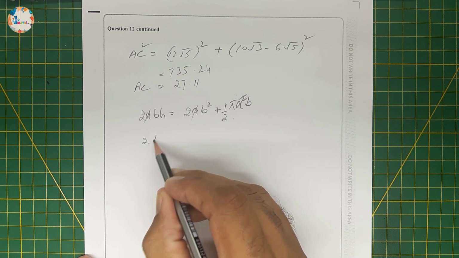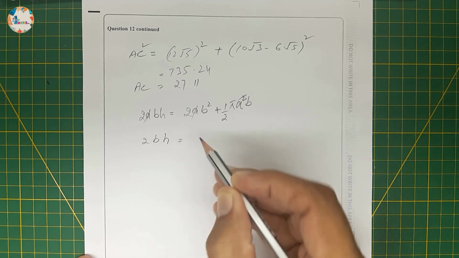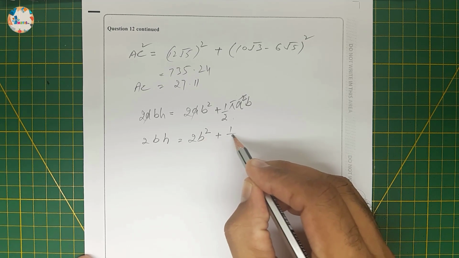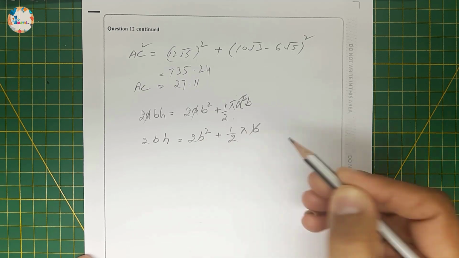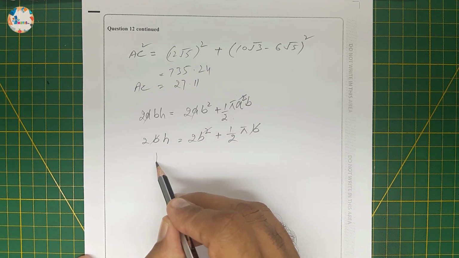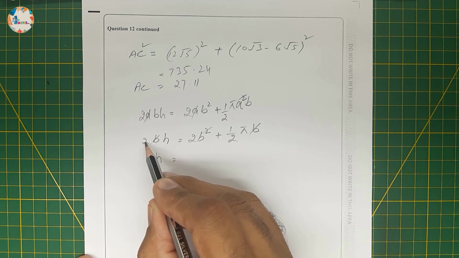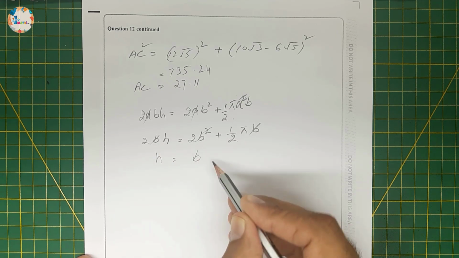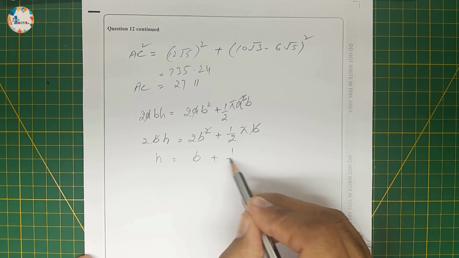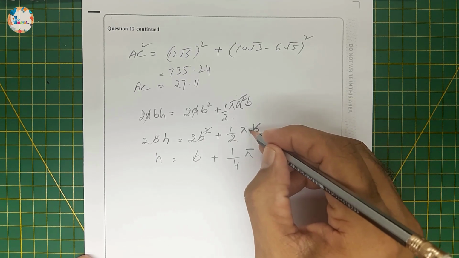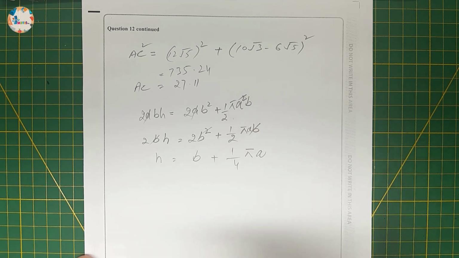So we write 2BH is equal to 2B squared plus 1 by 2 pi A B. B will also be cancelled, and we can write H is equal to B, plus 1 by 4 pi A, we missed A over here. This is the value of H.